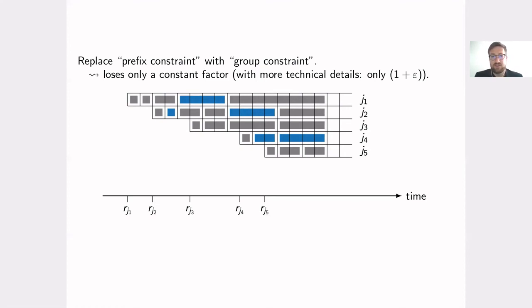And in fact, you can even have the group constraint have this nice hierarchical structure as in this picture, where every group is divided into 2 groups in the next row, or the group in the next row is exactly the same as the group in the previous row. And we can even bring this constant factor that you lose down to a factor of only 1 plus epsilon if we apply a few more technical tricks.